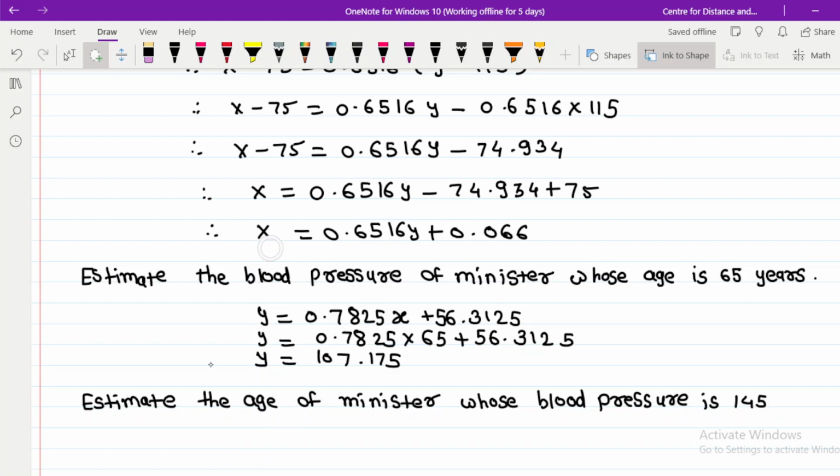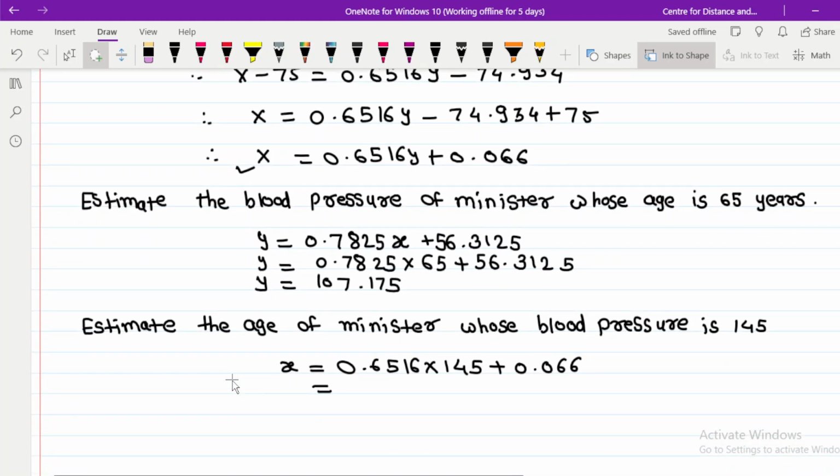Putting the value y equal to 145 in this equation, x is equal to 0.6516 into 145 plus 0.066, which is equal to 94.548.